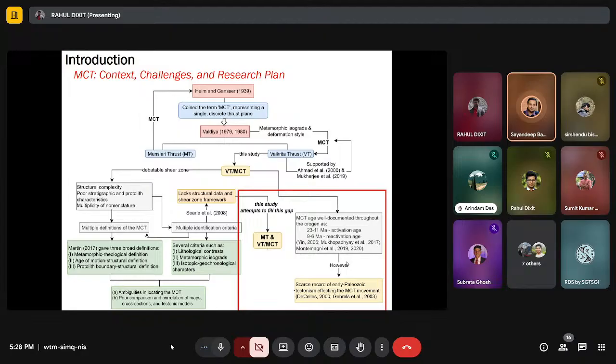I think these are exhumation ages? No, sir, these are not exhumation ages. This is based on the cross-cutting relationship that Mukhopadhyay reported, 22 million years or so. These are not absolute dating methods; they are all relative methods.